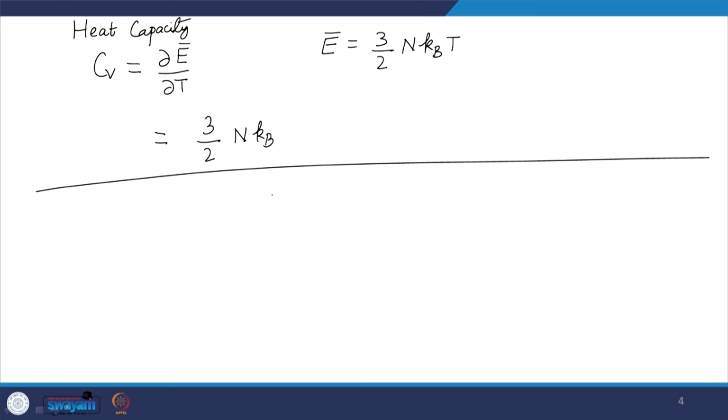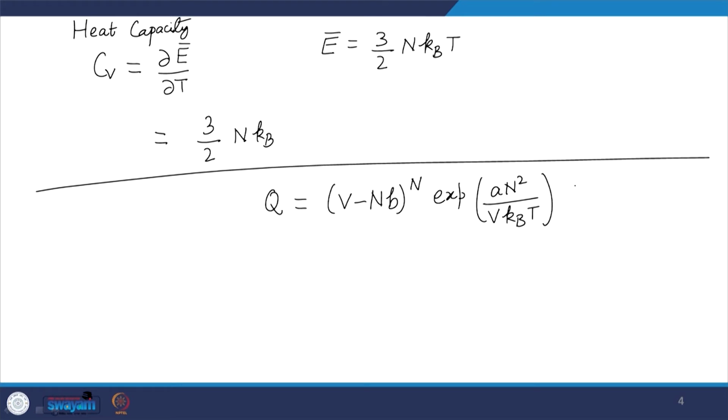So, in the van der Waals model, my Q is (V minus Nb) to the power N multiplied with exponential of a N² / (V kB T), multiplied with the same function f of T, and f of T I already have written as some function g of N multiplied with T to the power 3N/2.